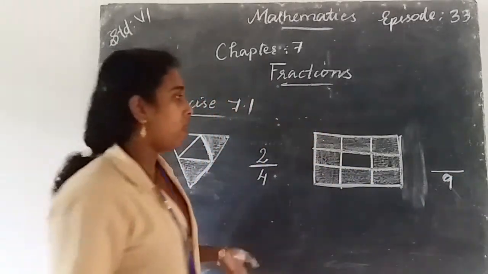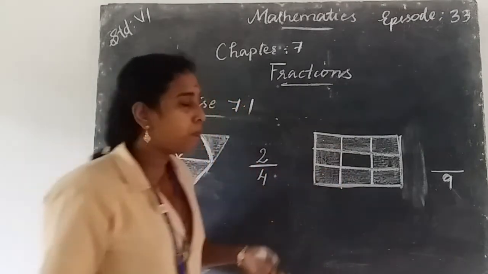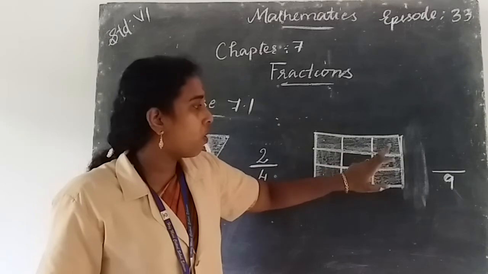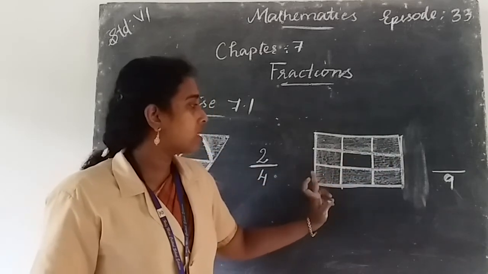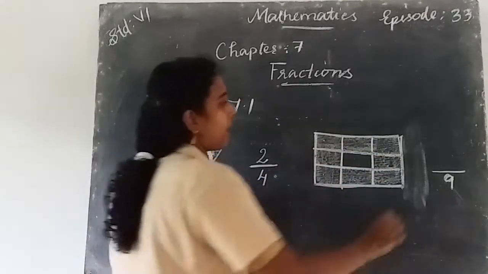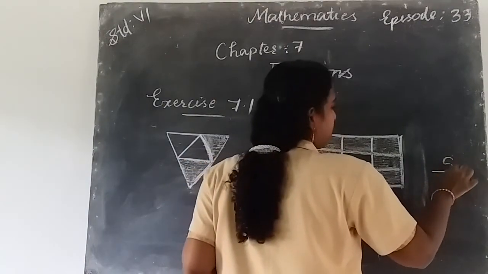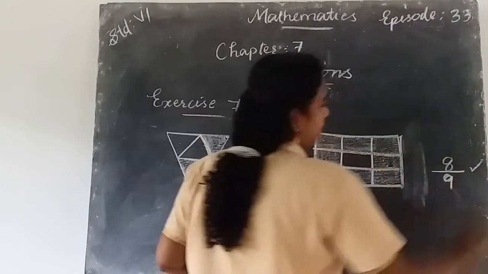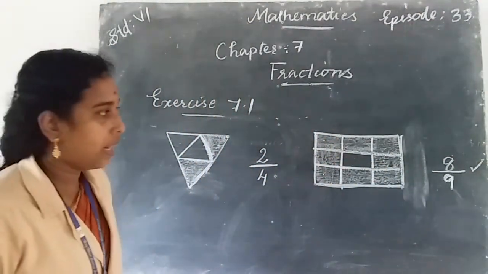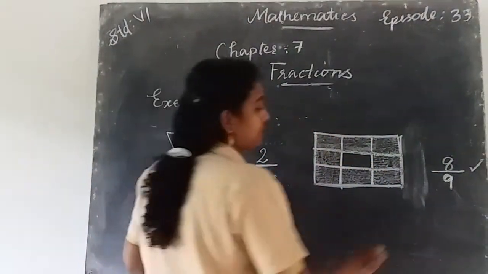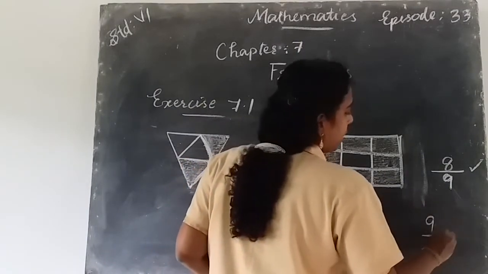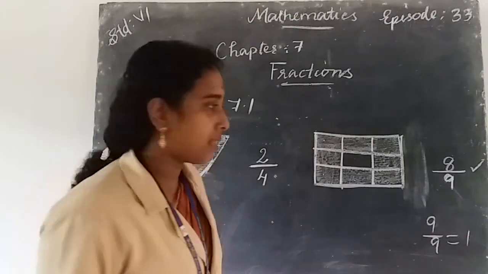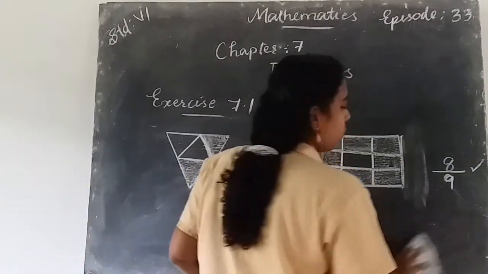How many shaded portions are there? 1, 2, 3, 4, 5, 6, 7, 8. Write the number of shaded portions as the numerator. So the fraction is 8 by 9. 8 by 9 is less than 1. 9 by 9 we get 1. When the numerator and the denominator are the same, it is equal to 1.